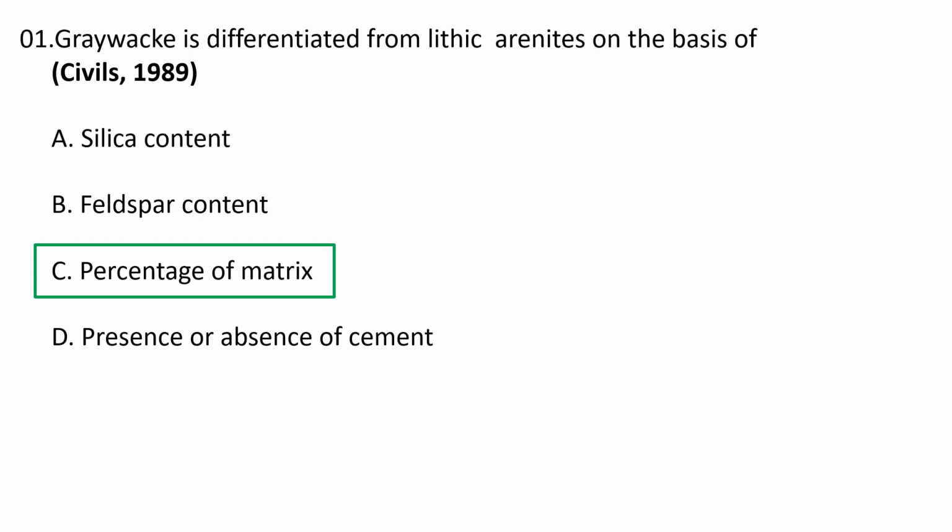When the matrix increases to 15%, then it is no longer called an arenite but a wacke. For example, a lithic arenite with rock fragments exceeding 50% is called a lithic wacke in case of matrix of more than 15%. So, C is the correct answer.